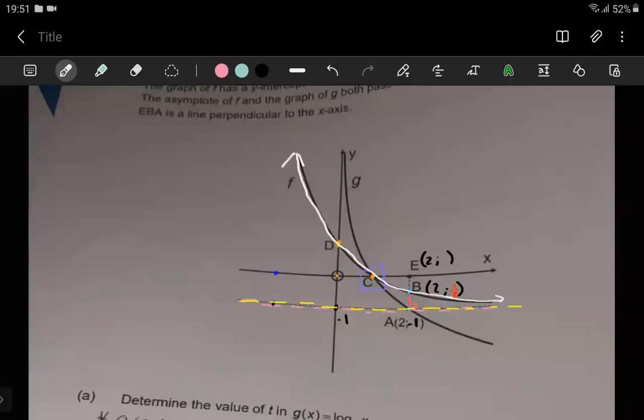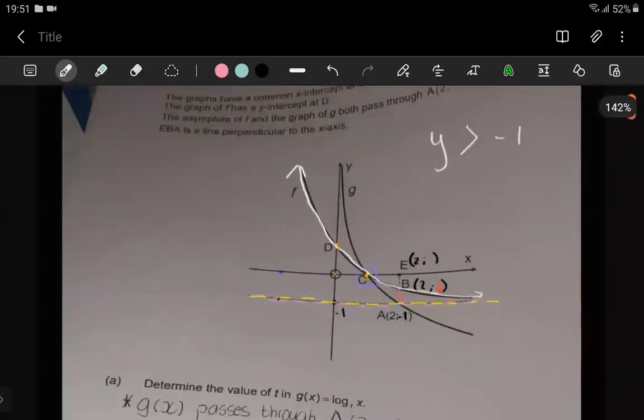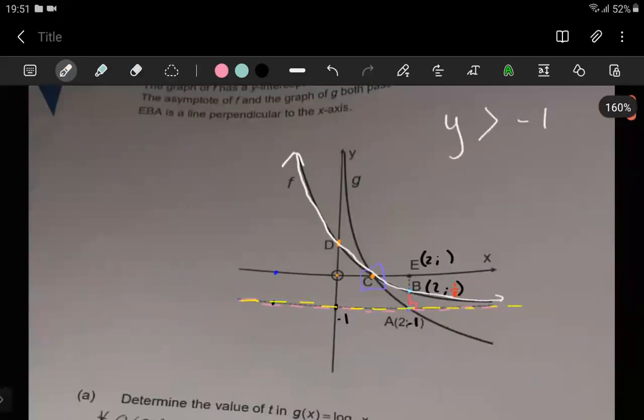It's y values that are above -1. We don't include -1, because the graph does not touch it. Range will be asking you what y values does this graph go to. We know that it only goes to y values that are above -1. Specifically, -1, it will not touch it because it's an asymptote. An asymptote is a line that the graph won't touch.